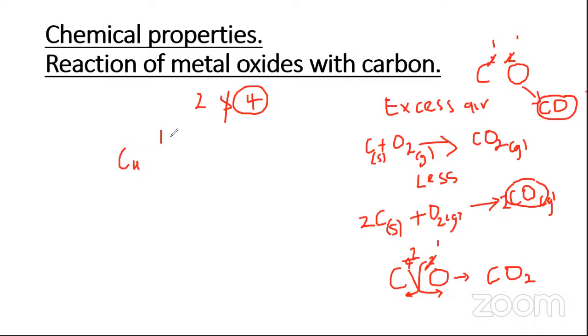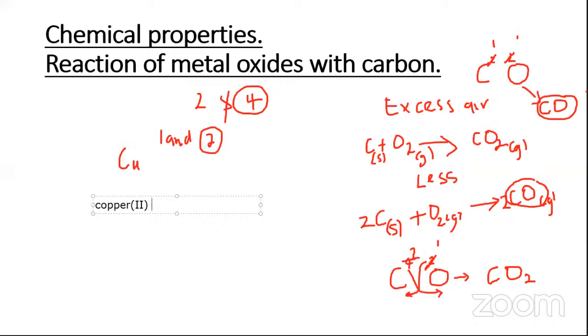It has 1 and 2, but it forms stable compounds in valency of 2. That's why in the compounds of copper, you find that we have copper (2).